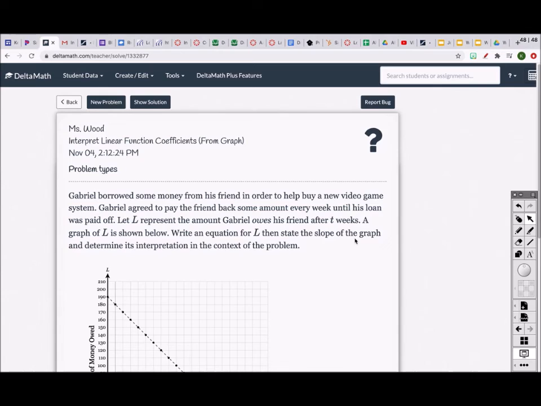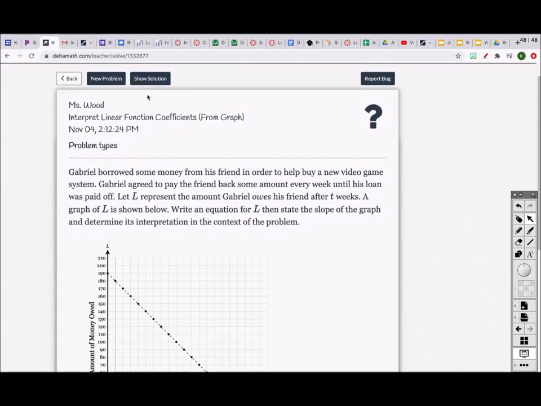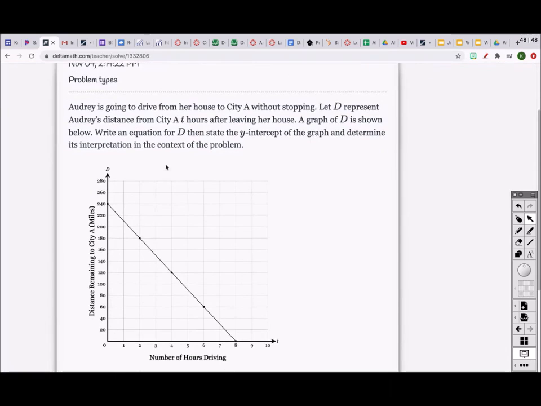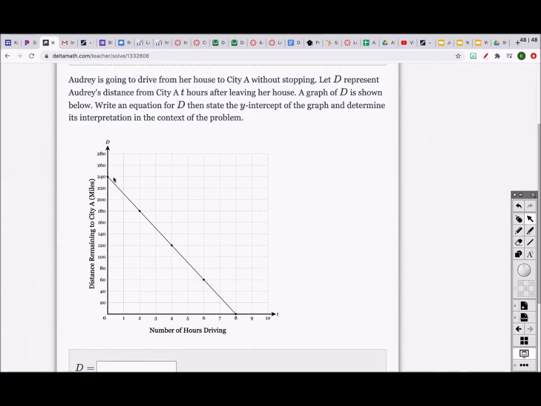Let's try a new one. Again, you always start with where it crosses the y-axis. So you're going to type in 240. Now this line, does it go up or does it go down? It goes down, so it's going to be minus. And then you have to do your slope.